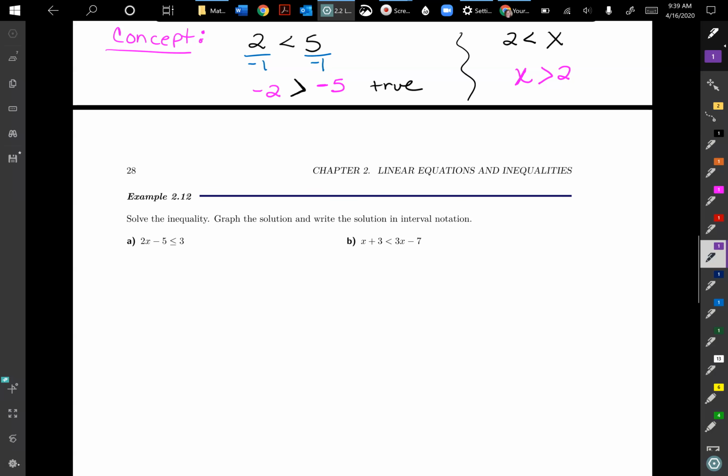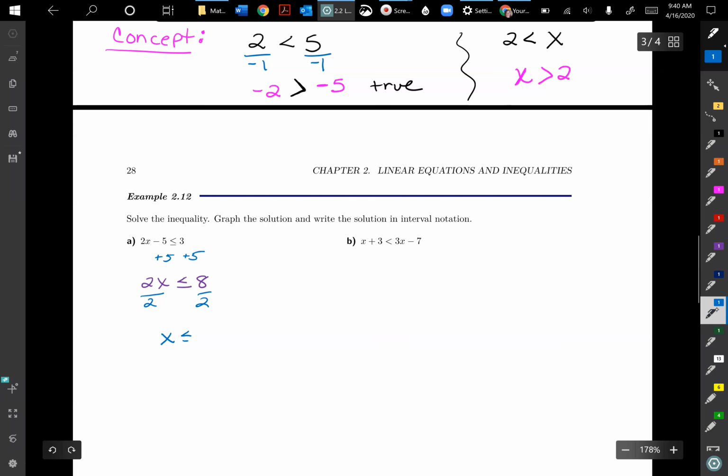So we add 5, and then we end up with 2x less than or equal to 8. And we divide both sides by 2. And we get x is less than or equal to 4. So that's writing it as an inequality.